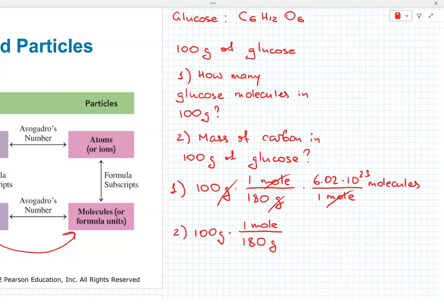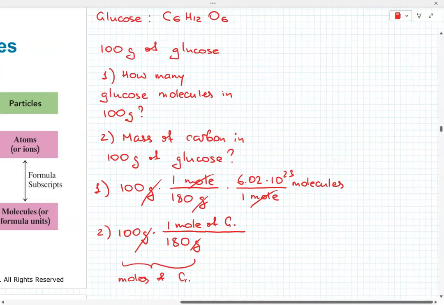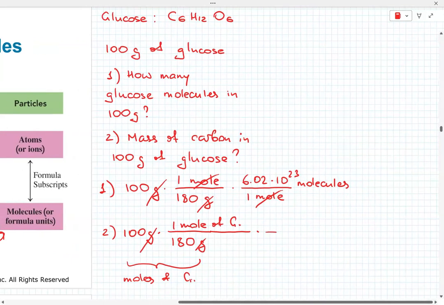Okay? So this is moles of glucose. Okay, mole, I'm going to put it here, of glucose. So now we have to get from moles of glucose to moles of carbons.